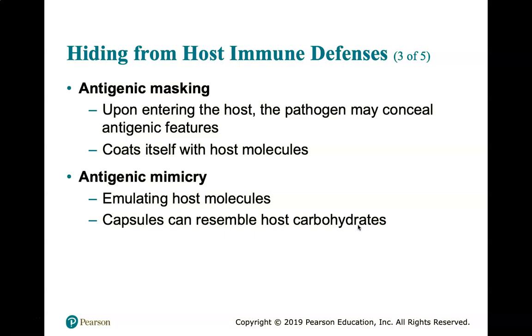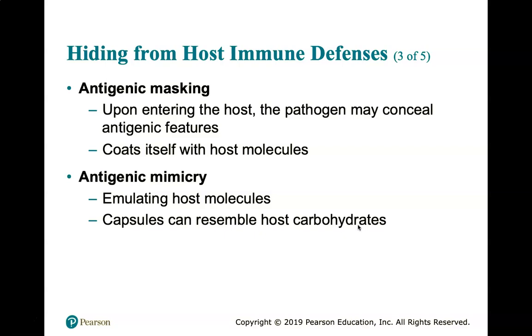But in antigenic masking, basically it hides its antigenic features by coating itself with host molecules. So now it looks similar to the original host molecule, or the original barcode, close enough to the original that's supposed to be there that our immune system will ignore it.